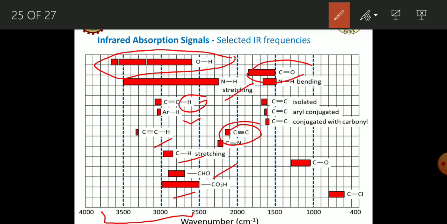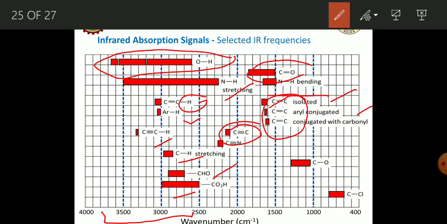The amide NH bending vibration comes around 1500 to 1700. The C double bond C isolated comes around 1600, and C double bond C aryl conjugated also comes around 1600. So the C double bond C wave number is around 1600.